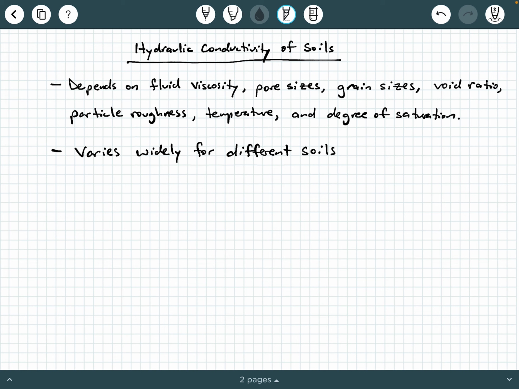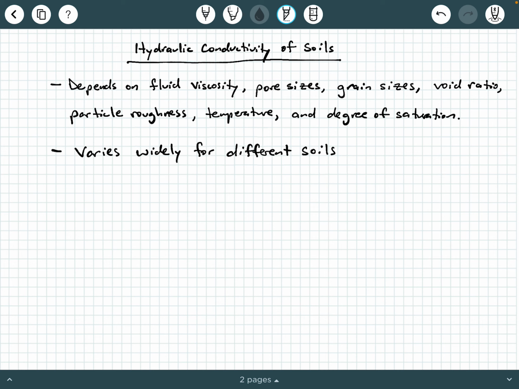It also depends on the grain sizes or the grain size distribution of the soil particles themselves. It depends on the void ratio of the soil, the particle roughness of the soil particles, the temperature, and the degree of saturation. So you can see a lot of things will affect what the value of a hydraulic conductivity of a particular soil is.